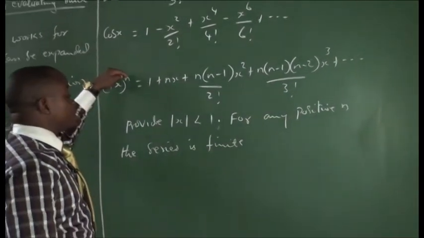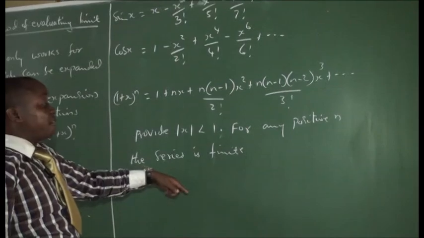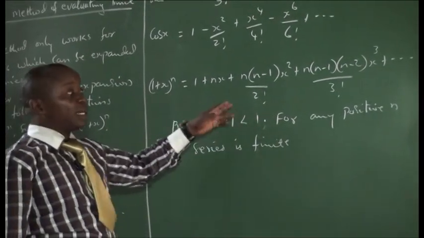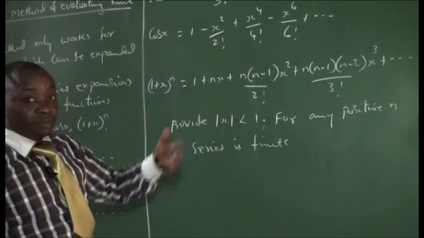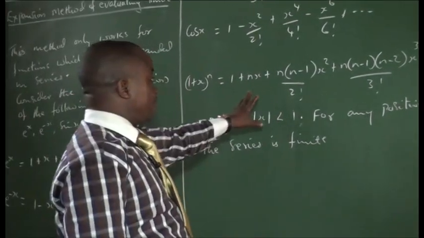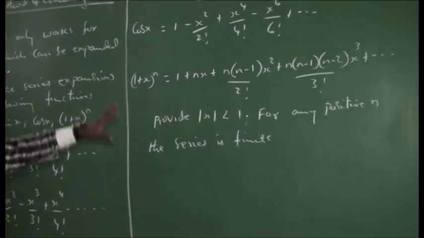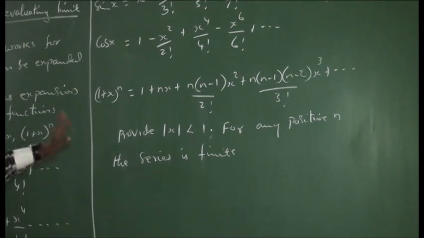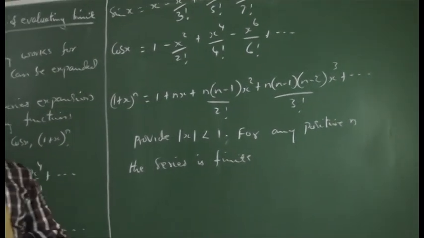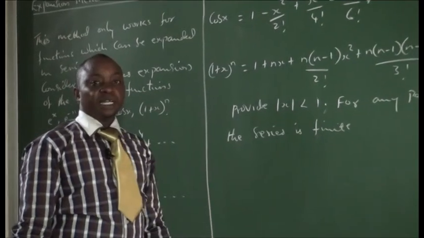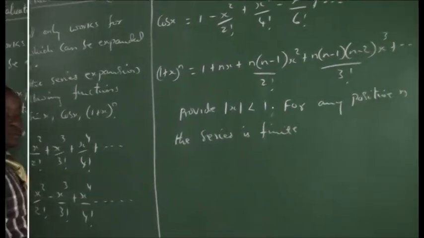But if n is positive, of course, it will have finite terms. You can see that in binomial expansion, algebra and trigonometry. I've done lectures on that. So now, knowing this expansion will help us to use it and evaluate limits. So let us see how we can apply it to evaluate the limits of functions.